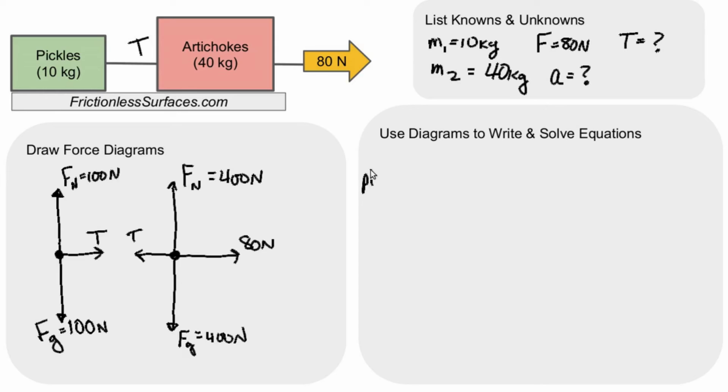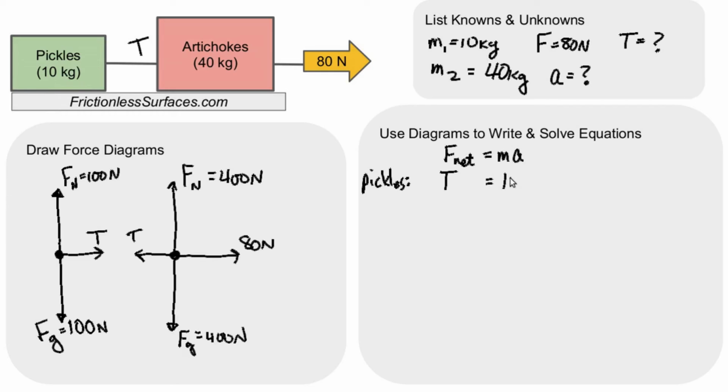So for the pickles, I have that the net force is T, and I'm applying a principle here. The principle is Newton's second law, which is that the net force is equal to the product of two things, the mass and the acceleration. So for the pickles, the net force is T, and the mass is, what's my mass of pickles?